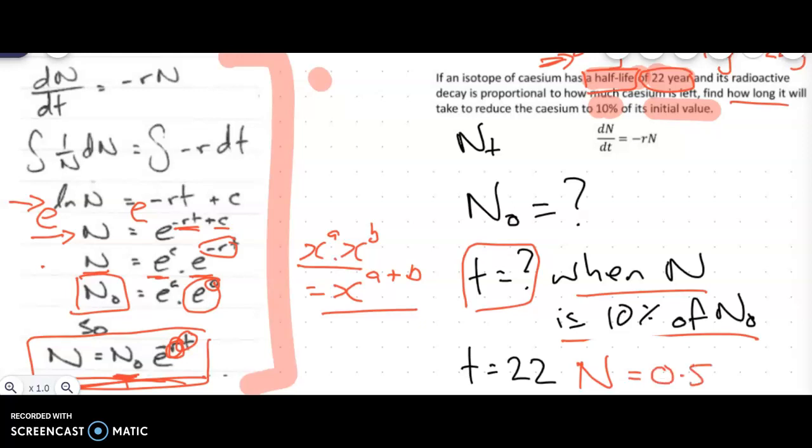We times it by half or times it by 0.5. So it's 0.5 of the initial amount. Remember, we don't know the initial amount, so we just write it like that. Okay, so we know when t is equal to 22, n is equal to 0.5 of the initial amount.